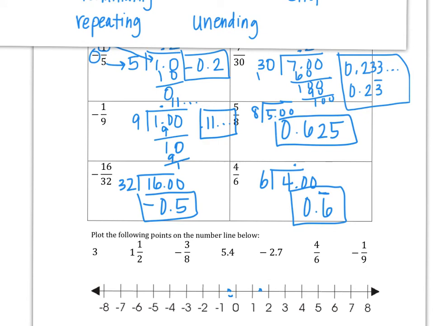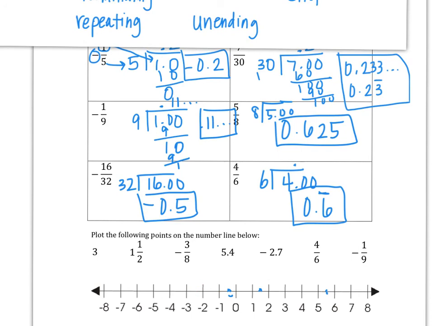5.4 is 5 4/10, so that is almost 5 1/2. About right there. -2 7/10. -2 is right here. 7/10 is slightly more than half, so it's going to be about right there.